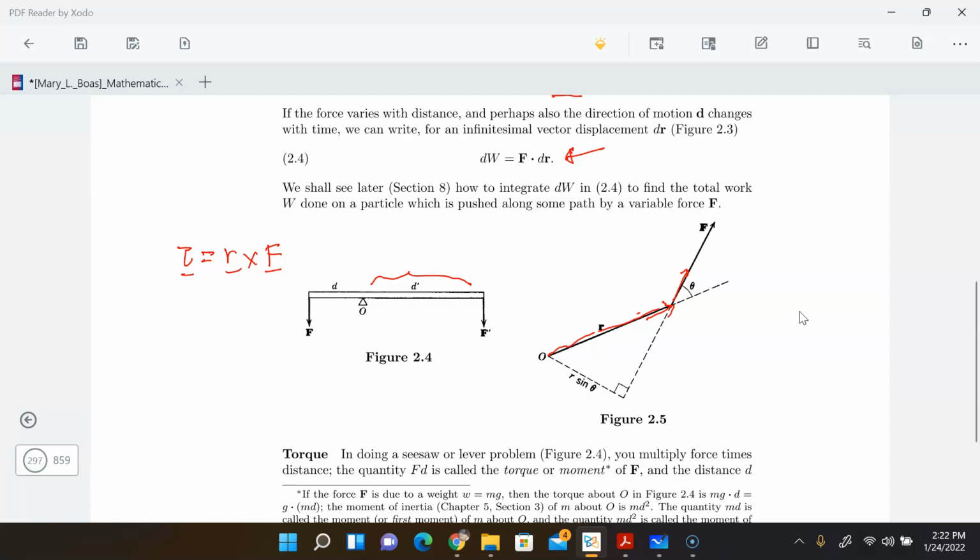When you exert this force, it will cause a torque, which is going to be perpendicular to both your r and F here. Another name for torque is essentially a moment of force.